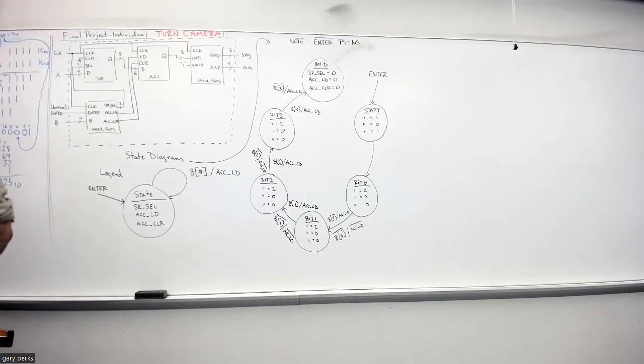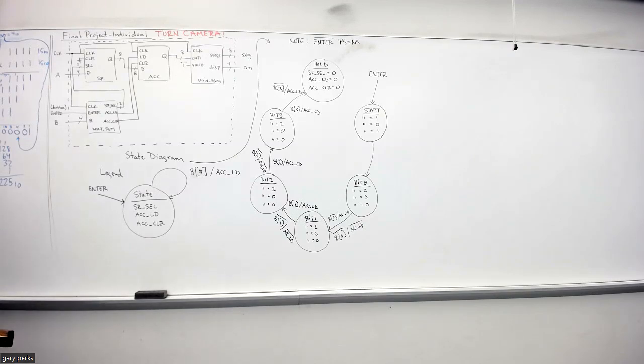What's that option? You look at that case statement. Yeah, that's the load. It's just going to take whatever's on the D input and assign it to the output. So that would be called loading the shift register.